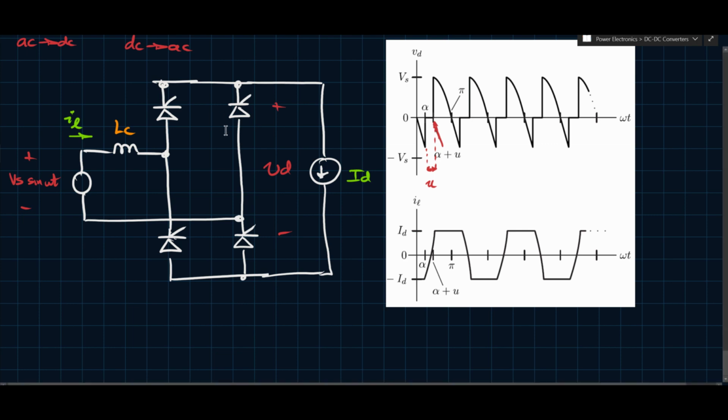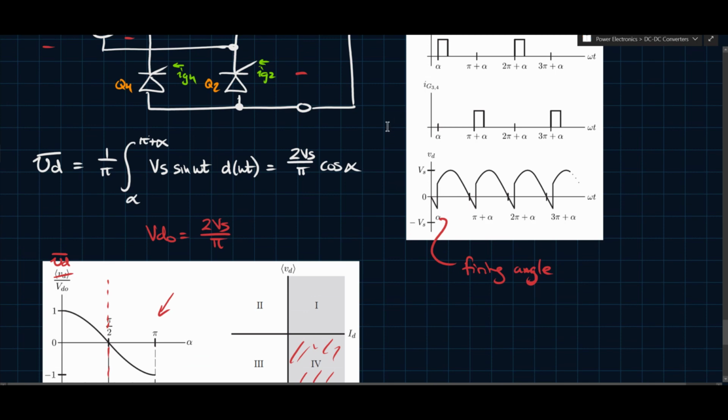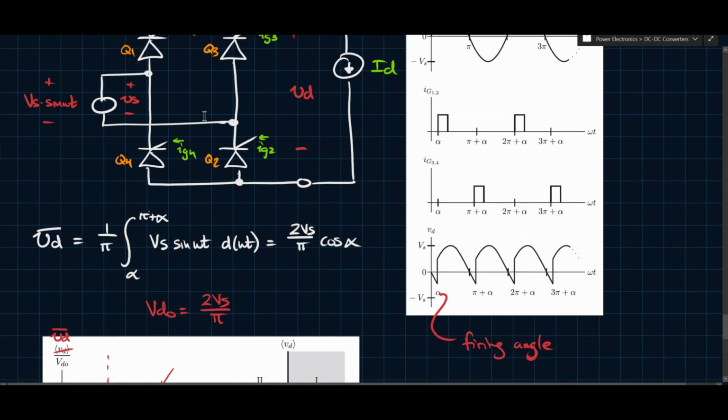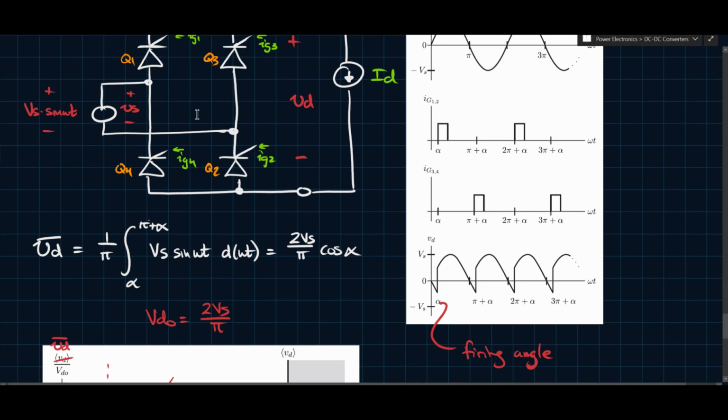In the case without inductance, the voltage goes below 0, and then you apply a pulse, and all of a sudden the thing turns on. You apply the pulse, and it turns on instantly because there's no inductance. Nothing delays the change, so the switching of the pairs instantaneously makes the current commute from one pair to the other.